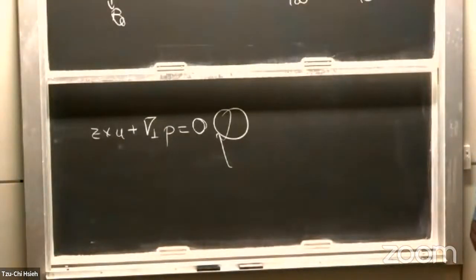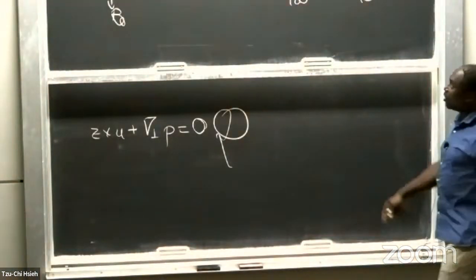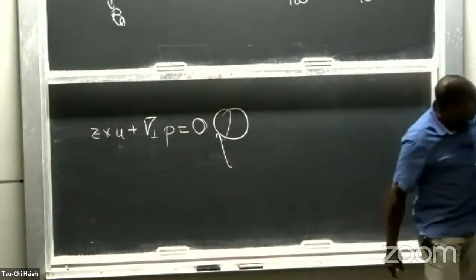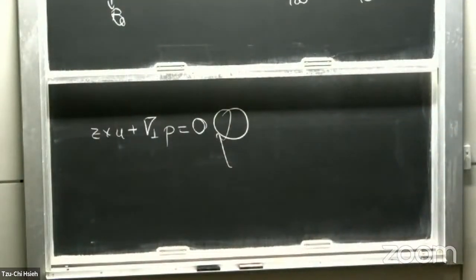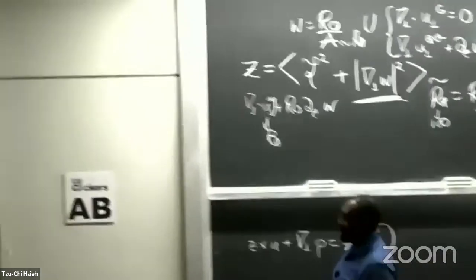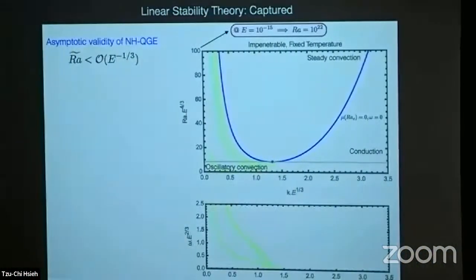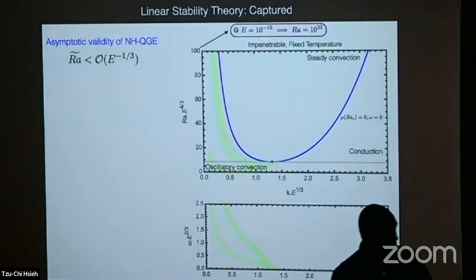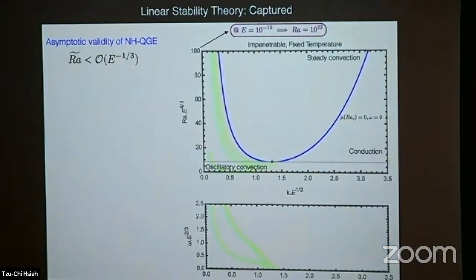That's just the back of the envelope. If it rises, it shows you that this reduced Rayleigh number is bounded by this Ekman number to the minus 1/3. It's got to be so for this theory to hold. We're always going to presume that this is an upper bound on the Rayleigh number.